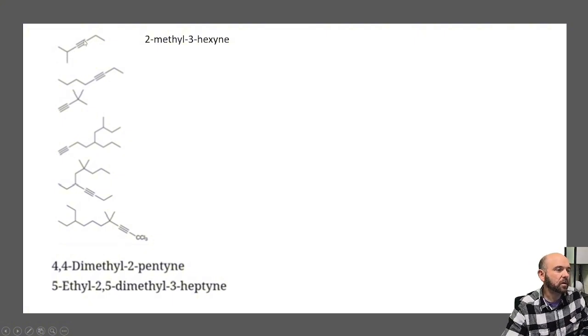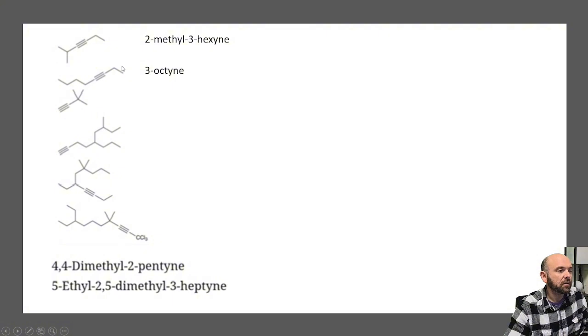We can really start on either end according to the triple bond because both would put it in the 3 position, but starting from this end puts the methyl group in the 2 position. So this molecule is 2-methyl-3-hexyne.